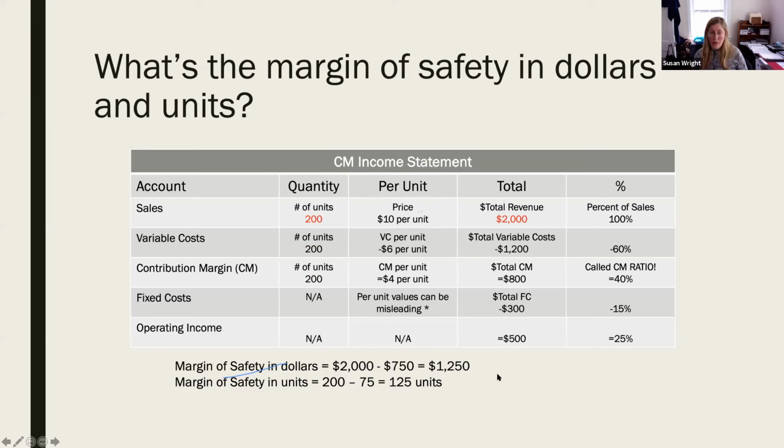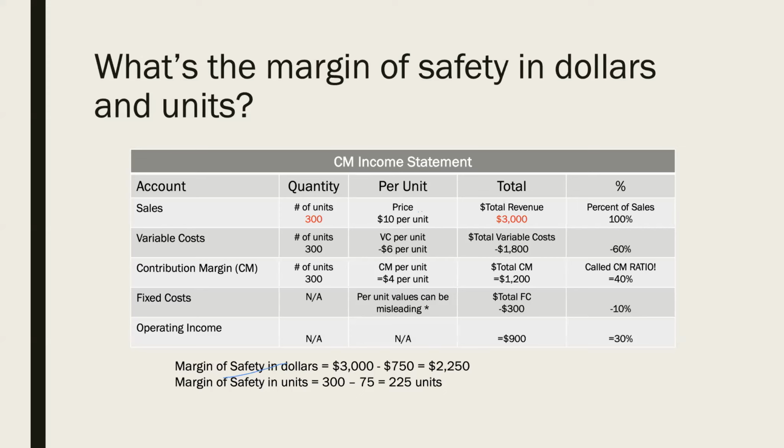And I'll do one more. This one's 3,000, right? So that's 300. So 3,000 minus the 750 is 2,250, and 300 minus 75 is 225 units. You can get that again by multiplying this times 10, give you the same thing, price. What do you think, easy? Yes, ma'am. All right, one more thing.